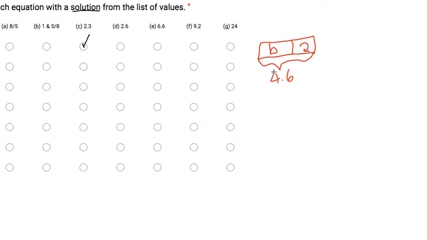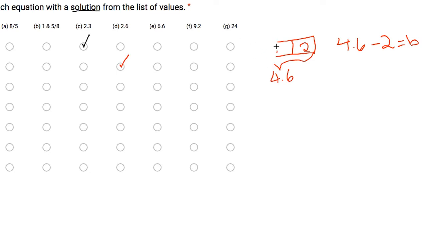So in this one, we'll be doing addition, which is b plus 2, or if we were to rearrange it, it would be 4.6 minus 2, which would give us b. 4.6 minus 2 would end up giving us 2.6. And if we plug that back in, 2 plus 2.6, or 2.6 plus 2, gives us 4.6, which is good.